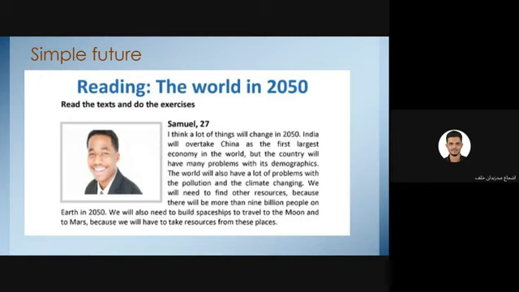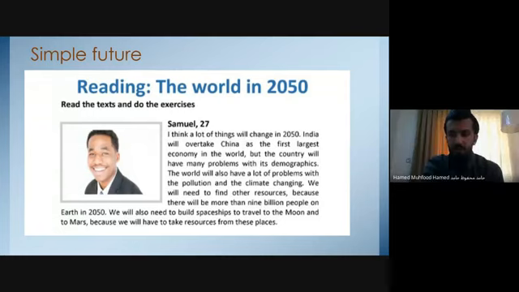We will need to find other resources, but because there will be more than 9 billion people on Earth in 2050, we will also need to build spaceship to travel to the moon and to Mars, because we will have to take resources from these places. Yes, that's right. So who else? Do we have another one? So no other student to read this text.